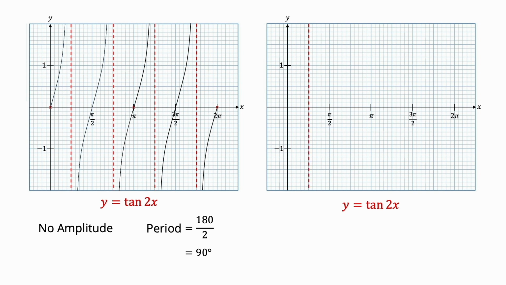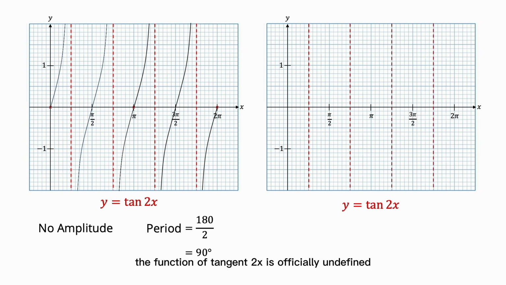At 45 degrees, 135 degrees, 225 degrees, and 315 degrees, the function of tangent 2x is undefined because it could be positive infinity or negative infinity. Graph of tangent 2x.